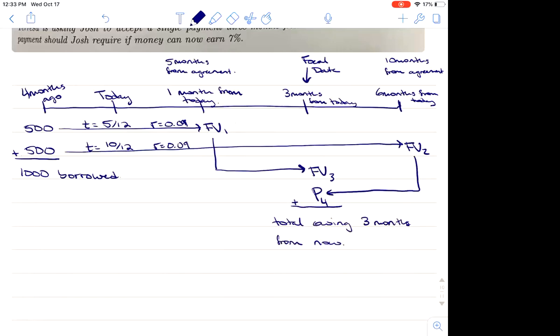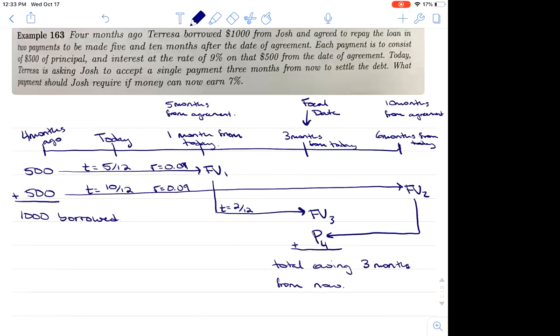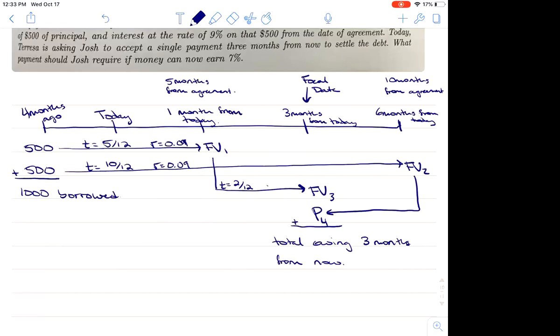So these arrows are each going to be worth some time. The time between 1 month from today and 3 months from today is just 2 months. So T for this little guy is 2/12. And the rate has changed now to 7%. So we have to keep track of that too. How about this last arrow?